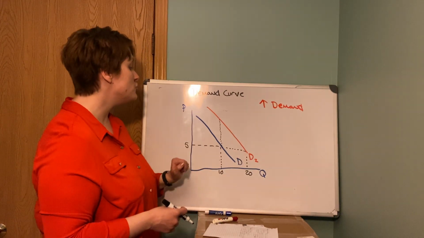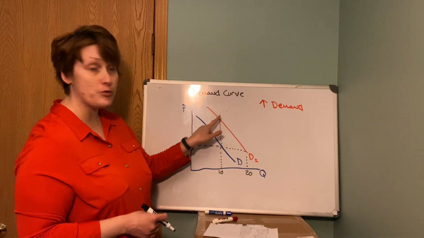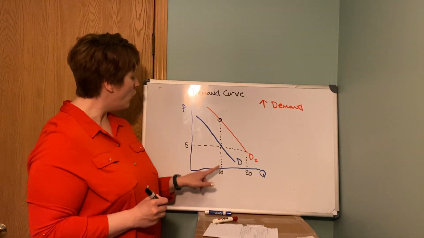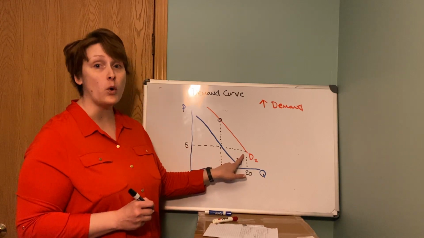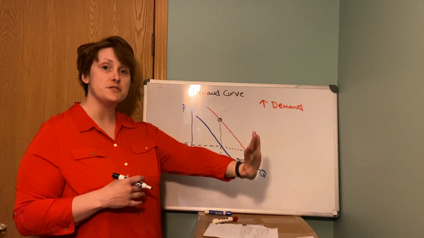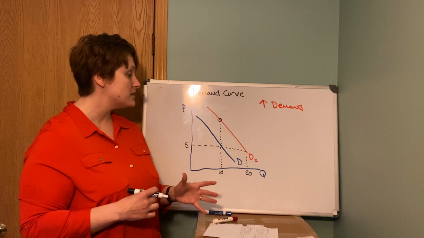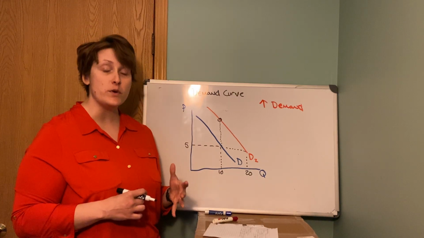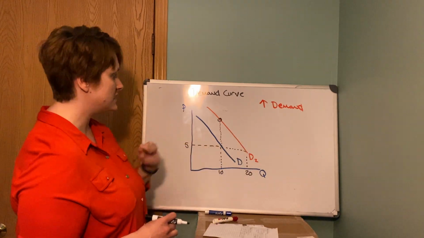We are willing to increase our consumption, so we're willing to spend higher prices than we were before for the same quantities. Or if we hold that price constant, we want greater quantities. So when our demand increases, we shift our demand curve to the right. So at the same price, we want more. At the same quantity, we are willing to pay a higher price. So this is an increase in demand.